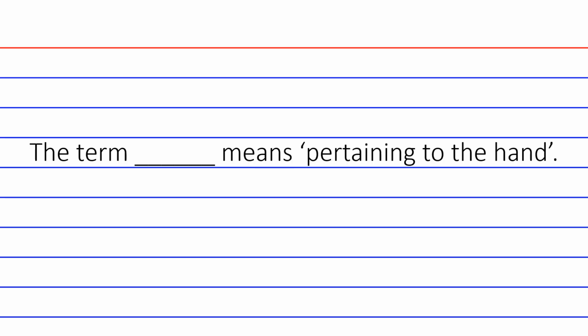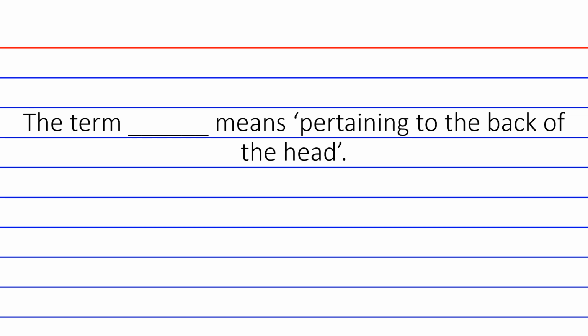The term blank means pertaining to the hand. The answer is manual. We also call the hand the manus. This is where your carpals and your metacarpals and your finger phalanges are located.